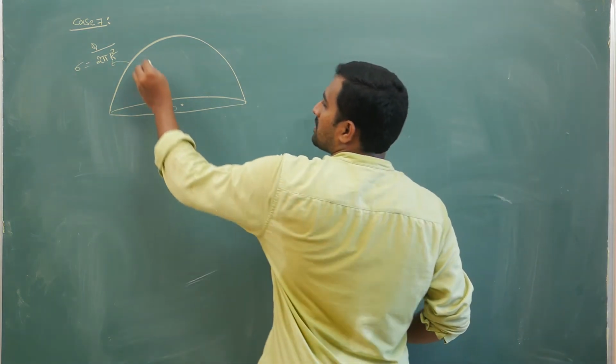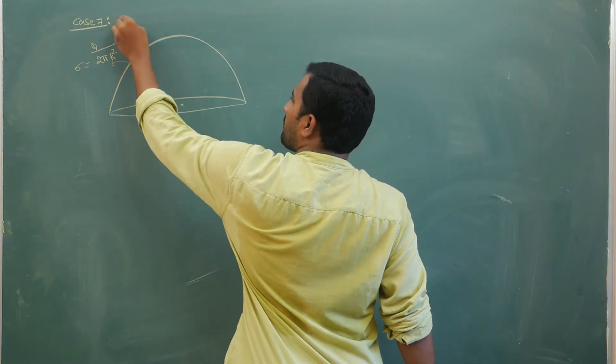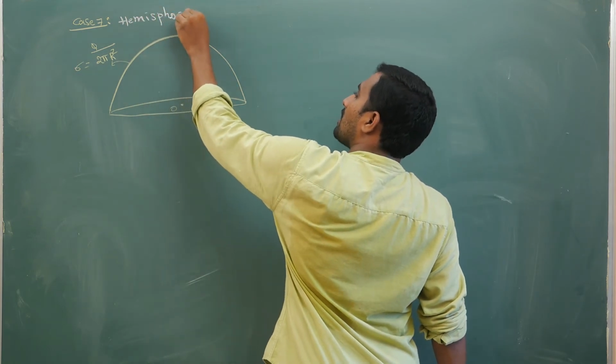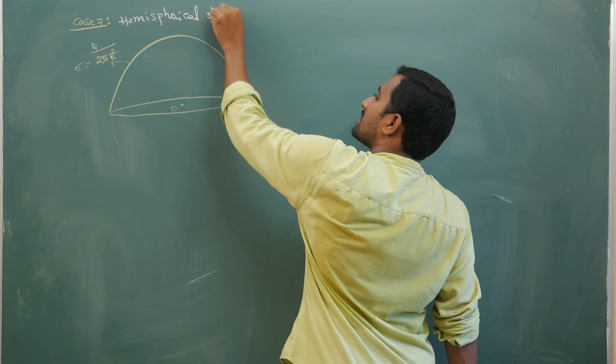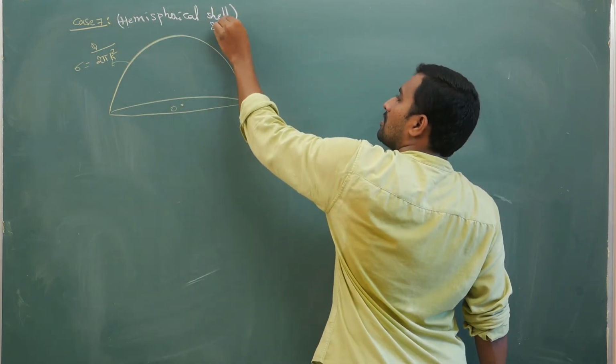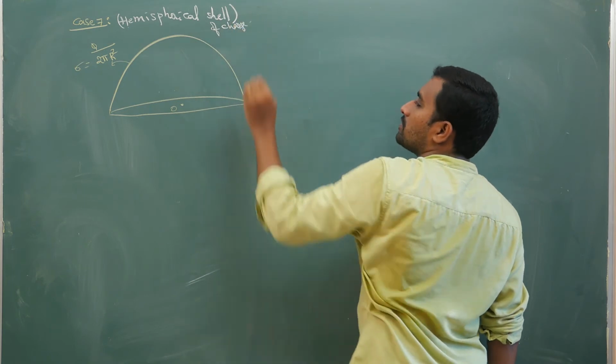Now charge is present on the shell. This is a hemispherical shell. I am calculating field and potential at the center of the hemispherical shell of charge, and that too positive charge.